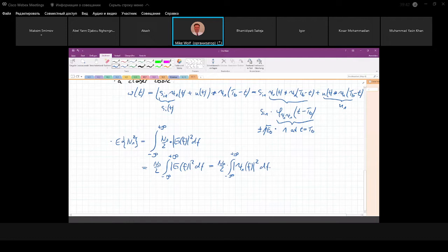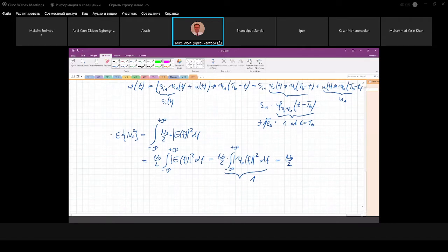And what is it? This is the energy of the signal. And the energy can be measured in the frequency domain or in the time domain. So this is just 1, because we assume unit energy. This is N0 by 2. So we see in our special case, the noise variance is N0 by 2. In practice you will not see this, but we talk about this later. This is a good model to calculate something.